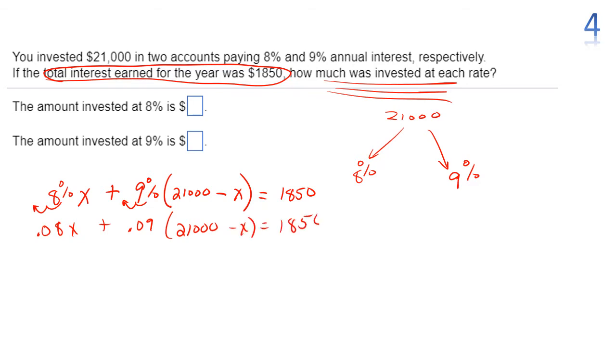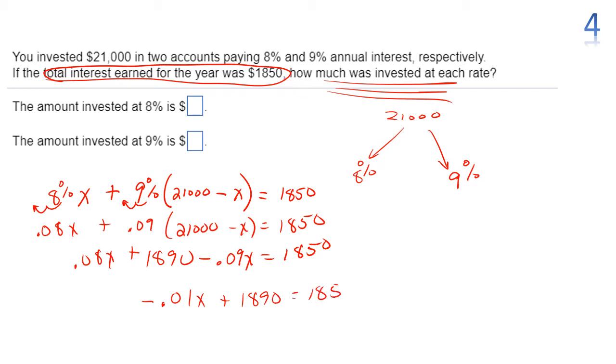Then you will need to use the distributive property to multiply with that 0.09. So 21,000 times 0.09 is going to give me 1890, and 0.09 times that x looks like this. Now, when we combine our like terms with the x, that will give me negative 0.01x plus 1890 equals 1850.